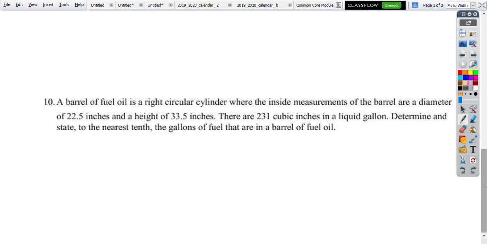Number 10, barrel fuel. Oil is in a right circular cylinder, 22.5 inches and 33.5 inches. There are 231 cubic inches in a liquid gallon. Determine the number of gallons. So same thing. First we need to do the volume, because it's in cubic inches.